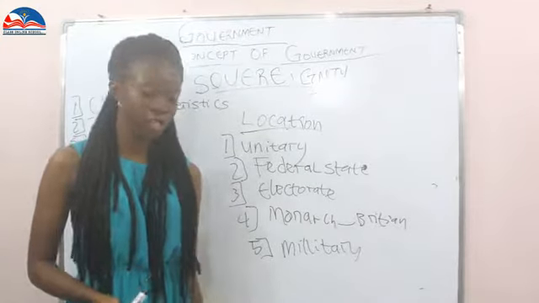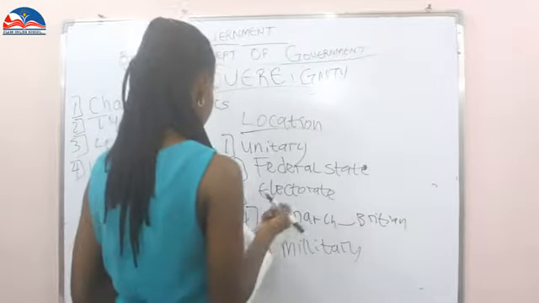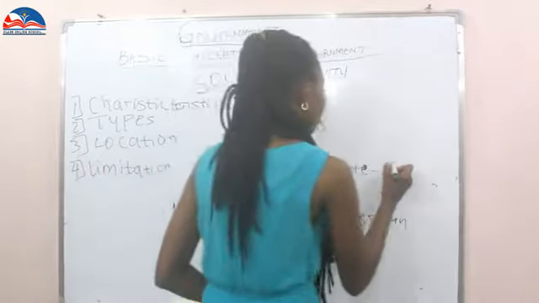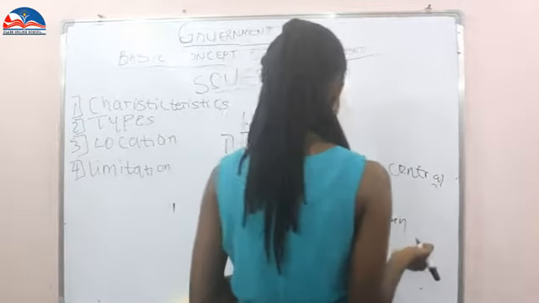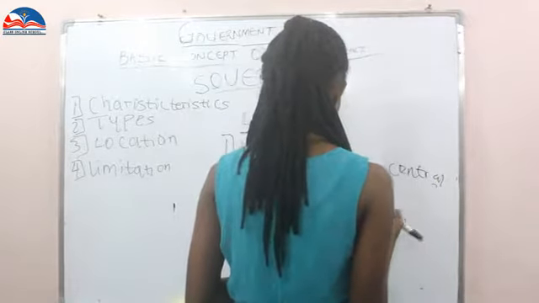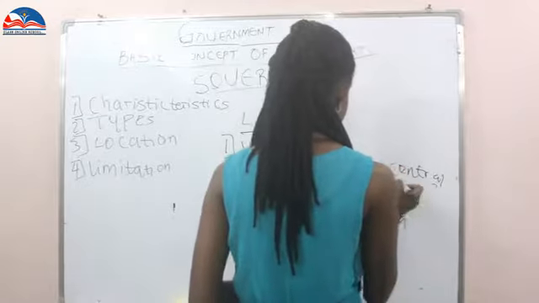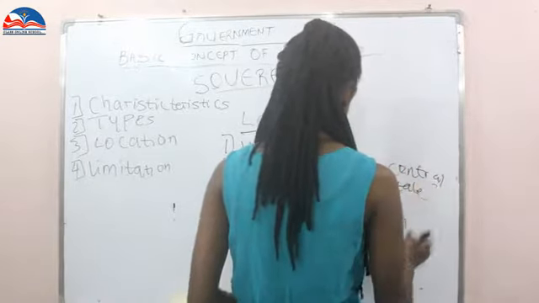Then in a federal state, we can say the president or the central. You can use another word again. You can say provincial or state, as the case may be.